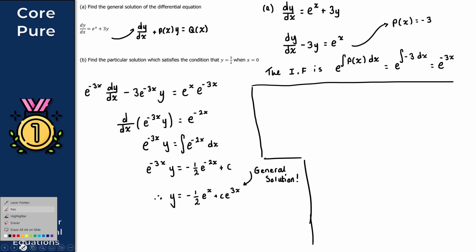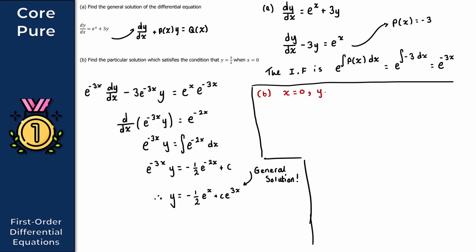And let me do it in a different color, just to make it a little bit clearer. So for part B then, we'll do that in dark red here. Okay. So for part B then, what we want to do here is find the particular solution given this boundary condition here. So we know then that y equals 3/2 when x equals 0. So let's make a note of that here then.